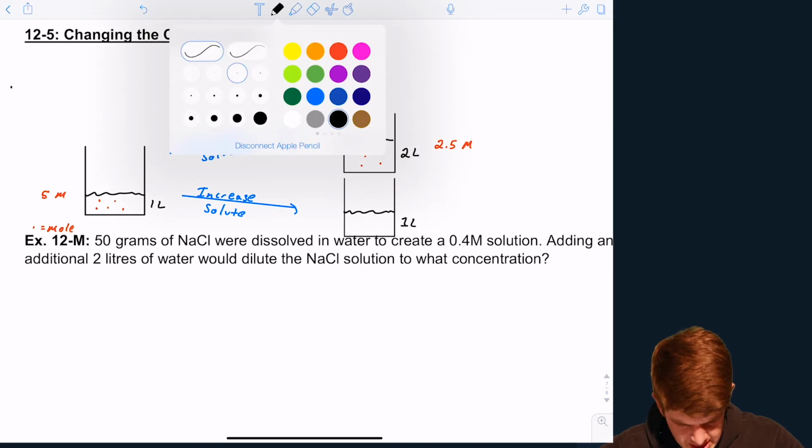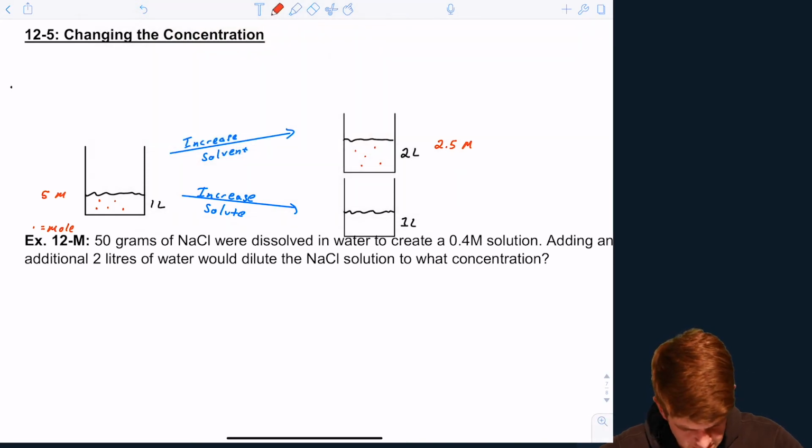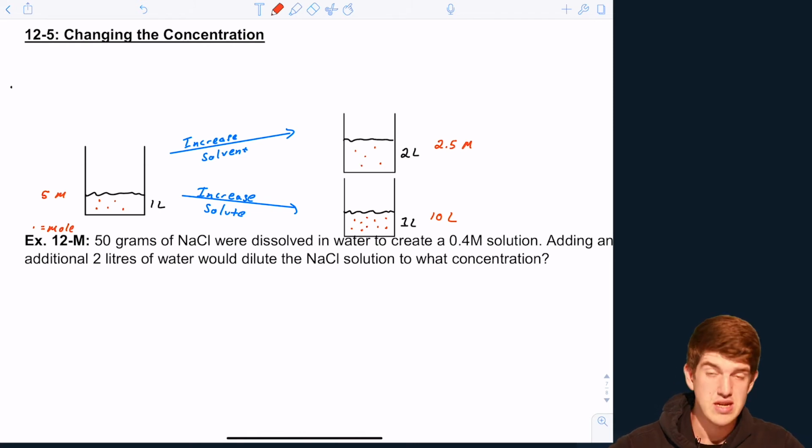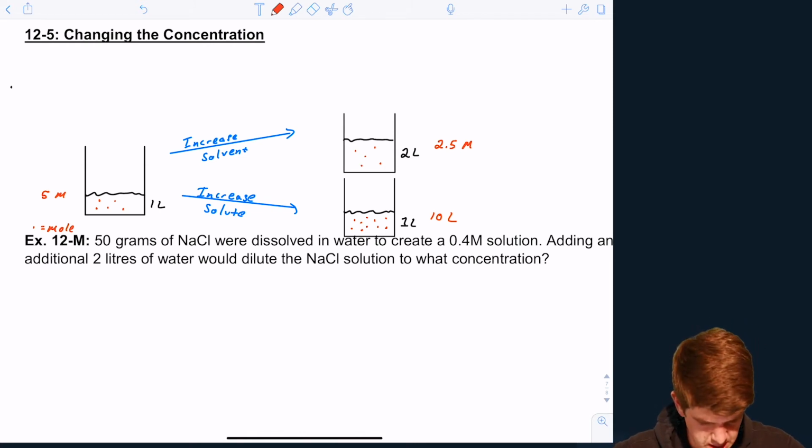But now let's say I double the amount of moles. So increasing solvent would decrease my concentration, and increasing the solute would directly increase my concentration.